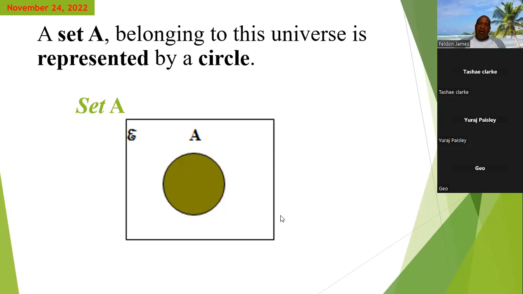Now, how many subsets of this universal set do we have? Let me see the hands. How many subsets do you think are in this universe? Anybody? One, sir. Sorry, can you repeat that? How many subsets are in this universal set?